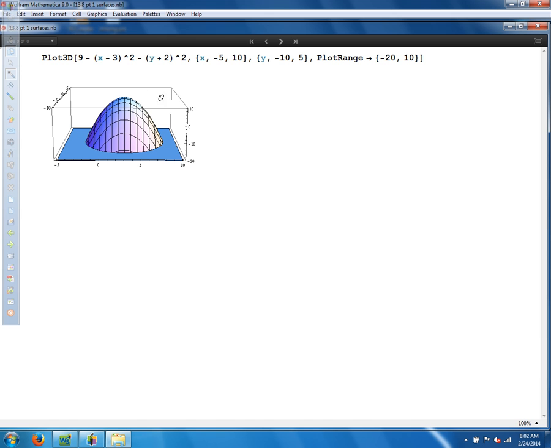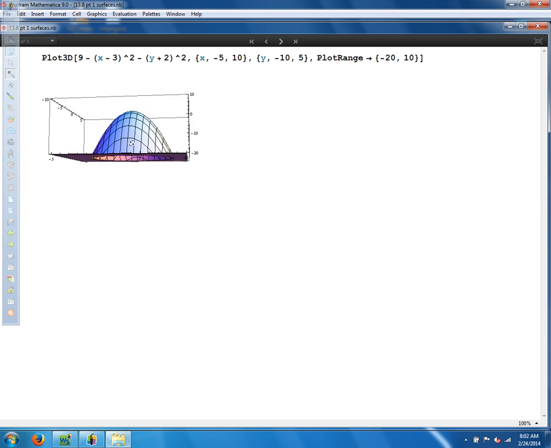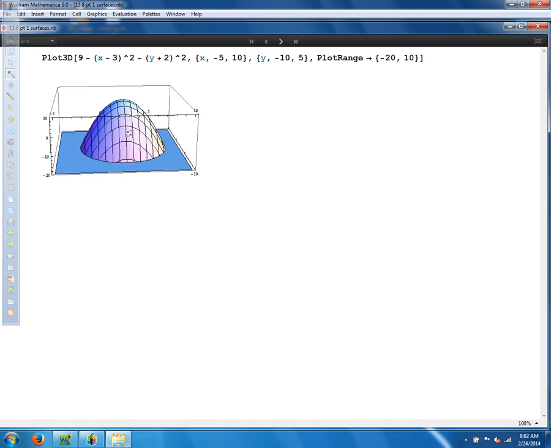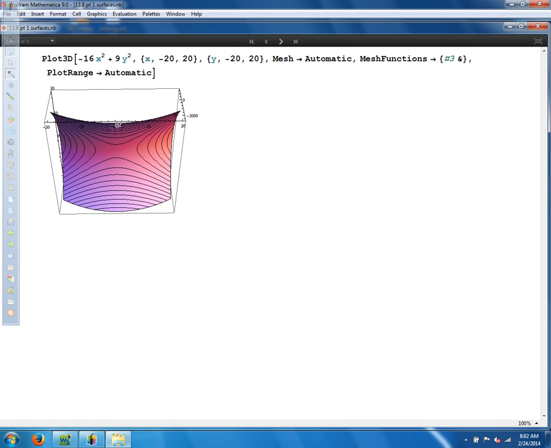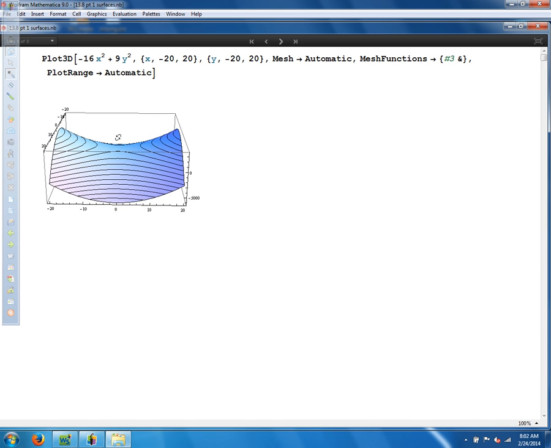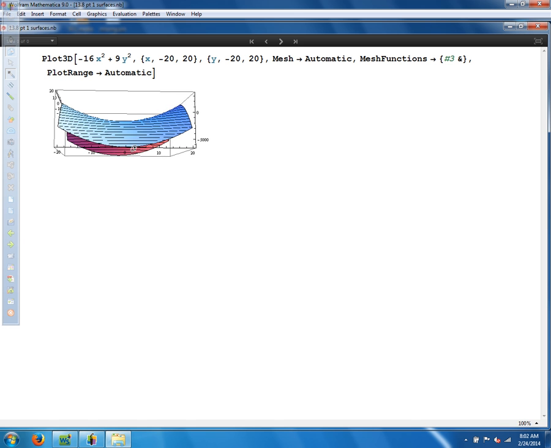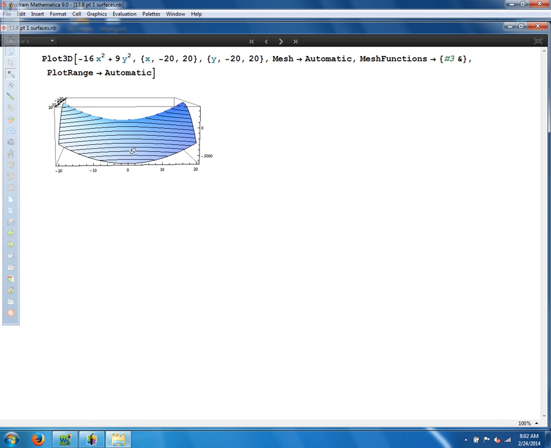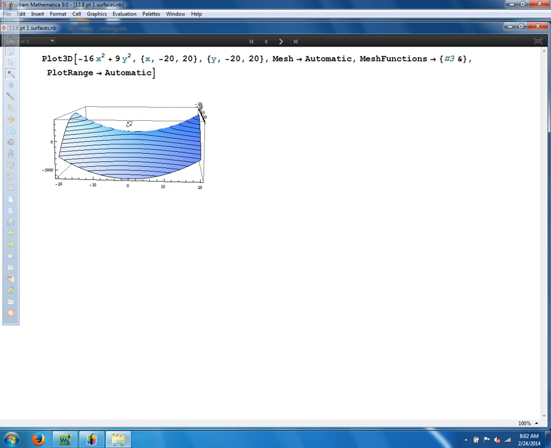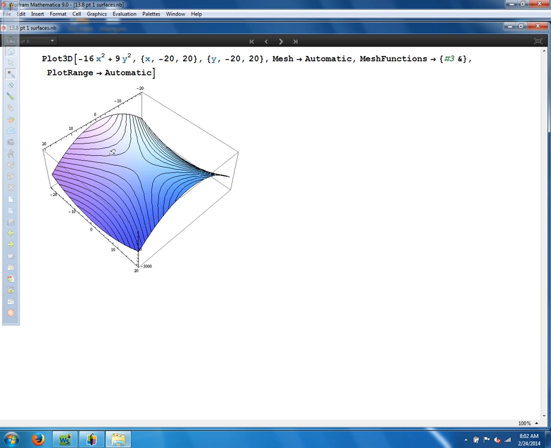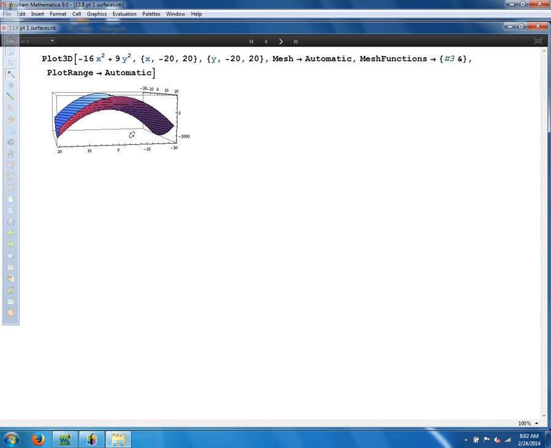This one was the first one that we talked about, where we were clever and found our maximum there at the vertex. So there's our paraboloid. And there's the one we were talking about just now, where we found a critical point. Is that the one I did?